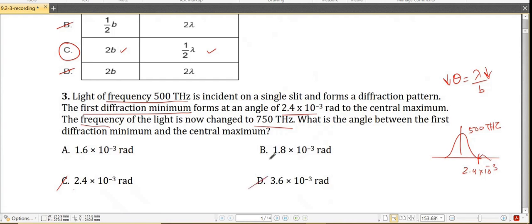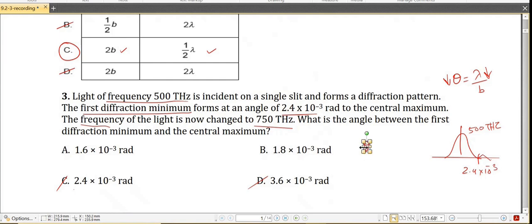It cannot be increased. It has to be either A or B. So I'm going to look into the equation again. In this, lambda is changing, so automatically theta will change. However, the slit is staying the same.